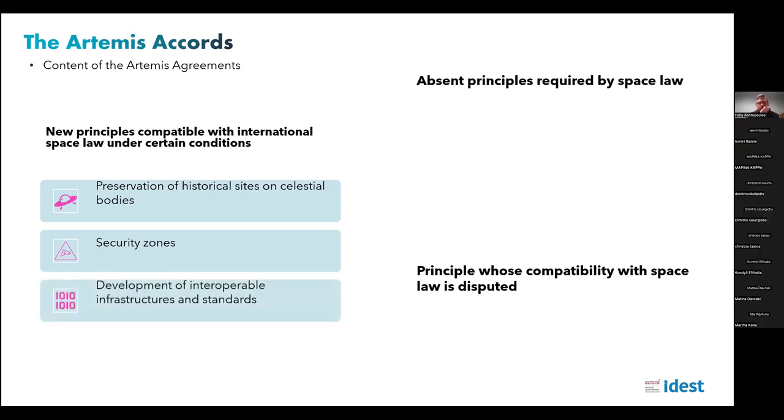The development of interoperable infrastructures and standards. It's a common rule. When you develop a cooperation in outer space, you need interoperable infrastructure and standards. But the risk here is that the US government imposes its standards as the international standards, because of course we will work with the US.